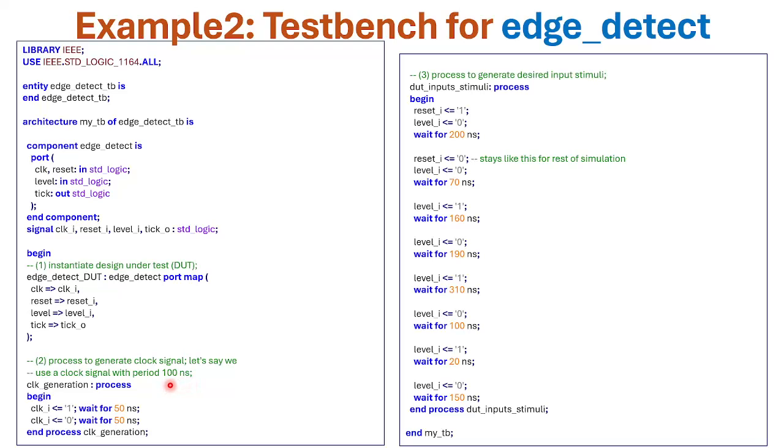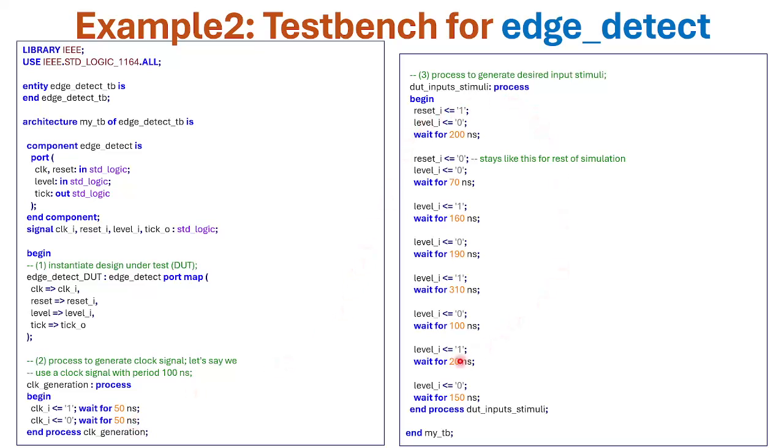So it's best to generate that with a separate process that we call clock_generation. We assign to clock 1 and wait for an arbitrary 50 nanoseconds, and then set it to 0 and wait for another 50 nanoseconds to get a 50% duty cycle clock signal with a clock period of 100 nanoseconds.